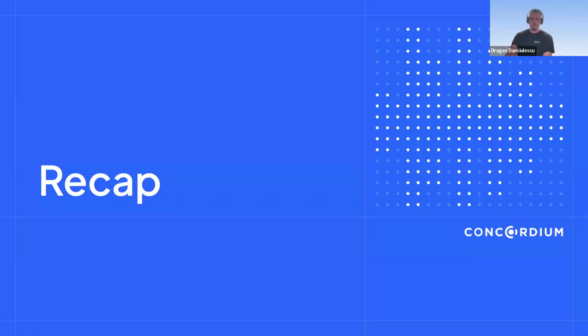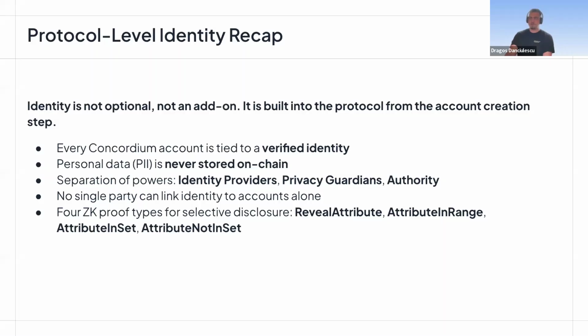Now let's start with the recap. So protocol level identity. The main gist of everything we've discussed is that on Concordium, identity is not optional and is not an add-on. It's built into the protocol from the account creation step. This means that every account is tied to a verified real-world identity. At the same time, there is no personal data ever stored on chain. And this is done through separation of powers. So we have the 3 actors that we mentioned before.